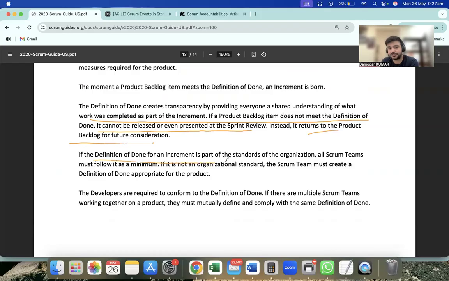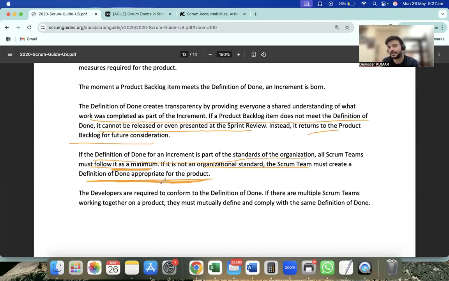If the definition of done for an increment is part of the standard for the organization, all Scrum teams must follow it as a minimum. If it is not an organization standard, the Scrum team must create a definition of done appropriate for the product, and the work must pass it.